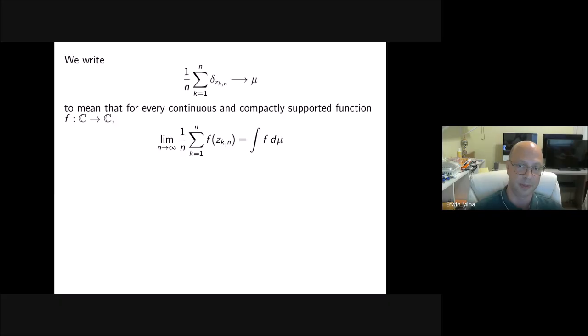The meaning of this is that if you take a compactly supported continuous function f and integrate it with respect to these normalized counting measures, that integral is simply the average of the values of the function at the zeros of the polynomials. Then as the degree goes to infinity, this average converges to the integral of f with respect to the measure mu. If that happens, we write this convergence like that.